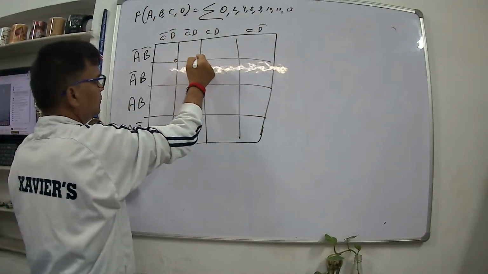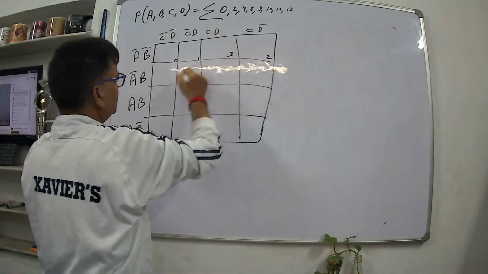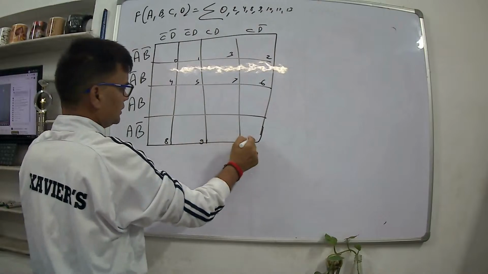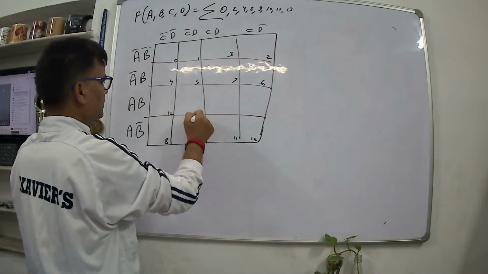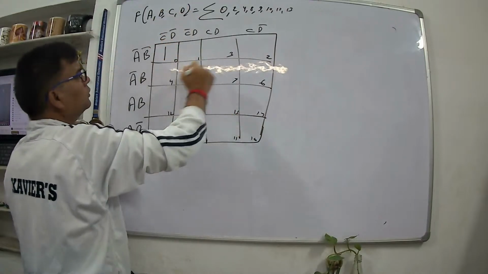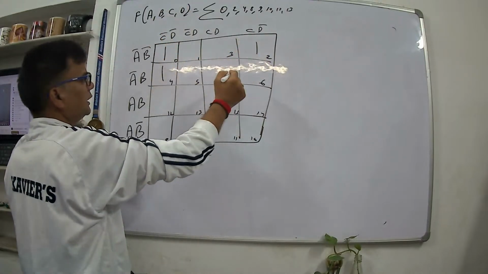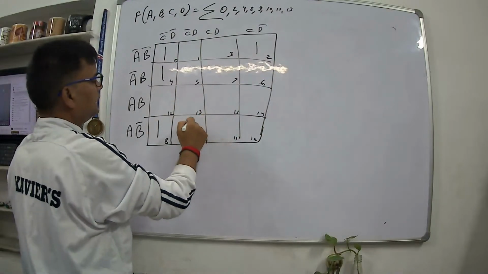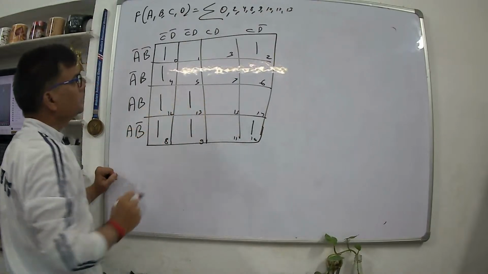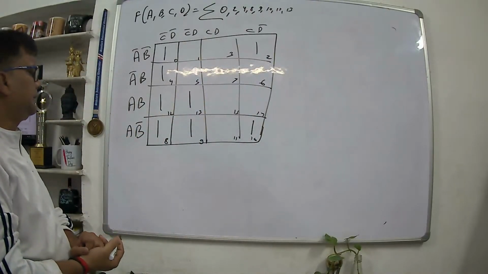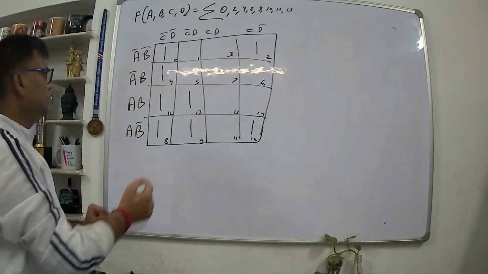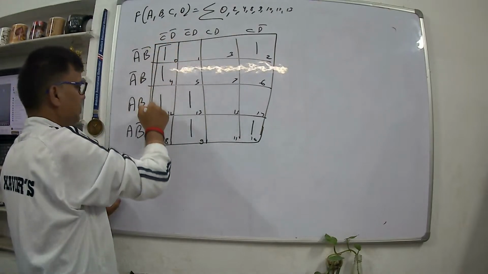How do we number? 0, 1, 2, 3, 4, 5, 6, 7, 8, 9, 10, 11, 12, 13, 14, 15. Now 0, 2, 4, 8, 9, 10, 12, 13. This is done. Now what happens here, you see, we can get this quad.